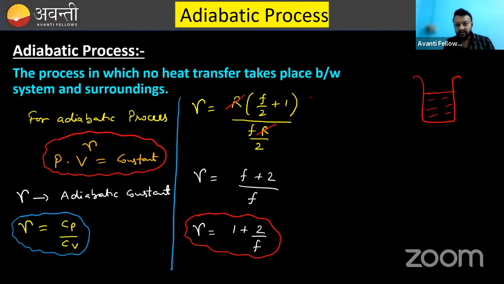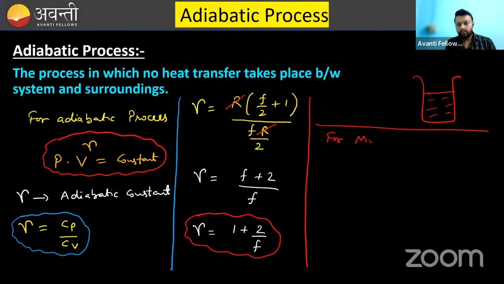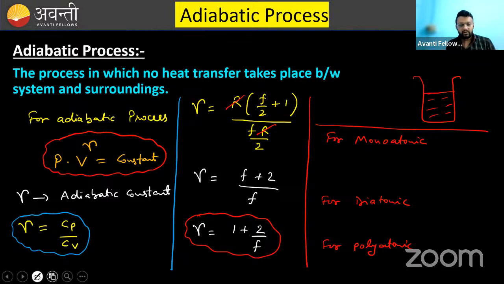So I am making a table of gamma for you: for monoatomic, for diatomic, and for polyatomic. You can find the values of gamma.